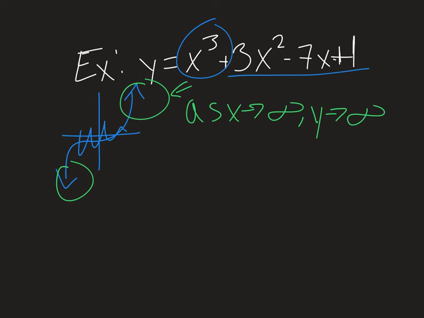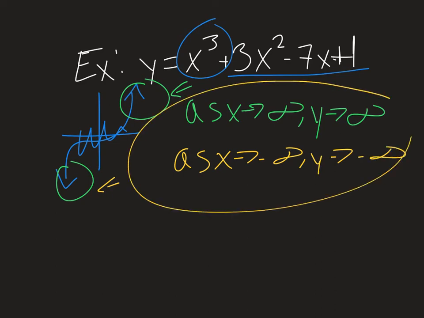Eventually, it's going to go up and right. In the middle, there might be a few more hoops, might be a few more swoops, but that is what it's ultimately going to tend towards. Okay? And then if we look at the left half, as x approaches negative infinity, y also approaches negative infinity. And that would be end behavior for this slightly more complex function.